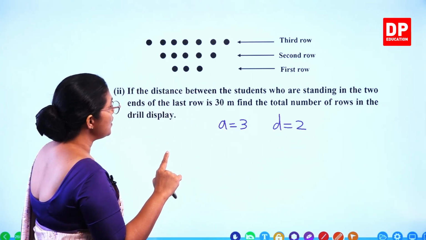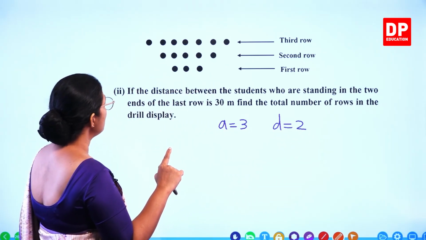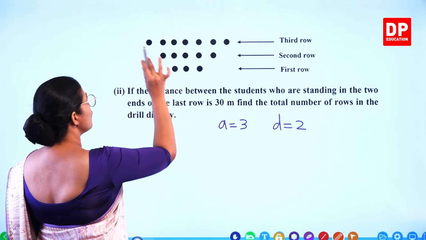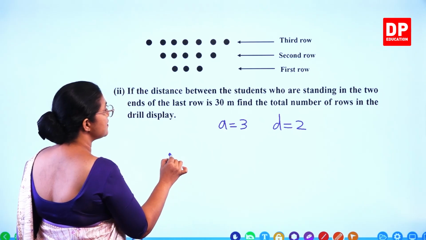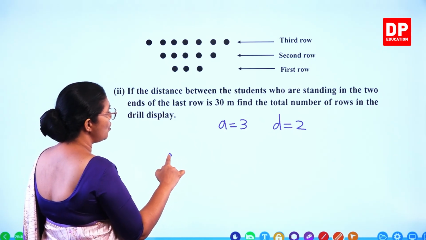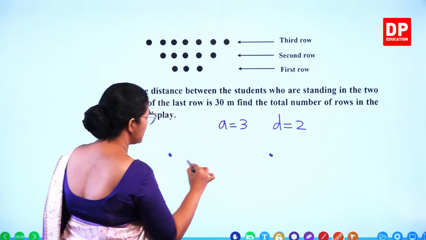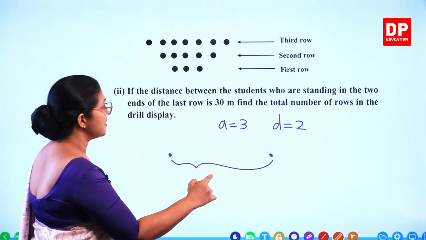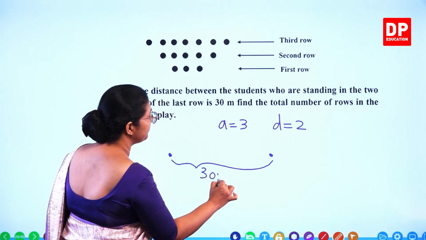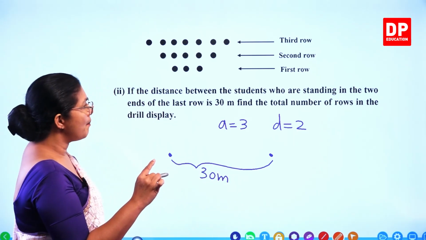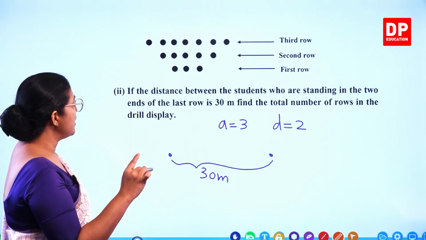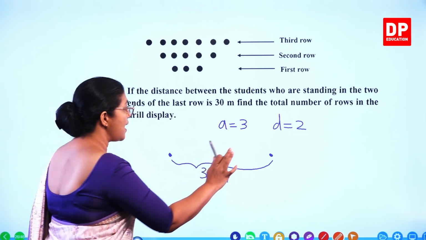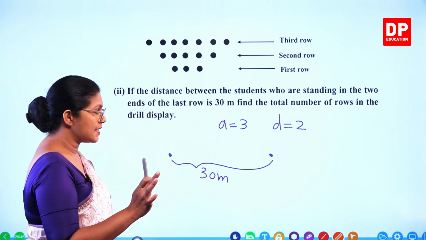If we say this is the last row, the distance from the first person to the last person is 30 meters, as given. Find the total number of rows in the drill display.